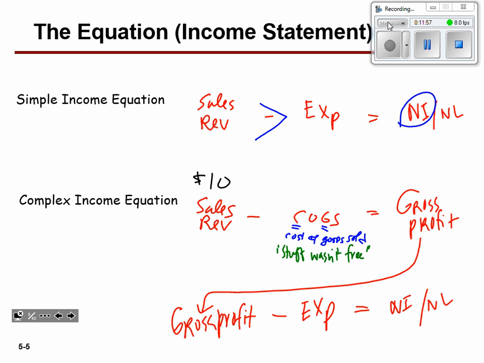Let's go with a pair of socks, okay? And I originally paid only $1 for those socks. So I'm the retailer. I'm a retailer selling $10 socks that I originally bought from the wholesaler.